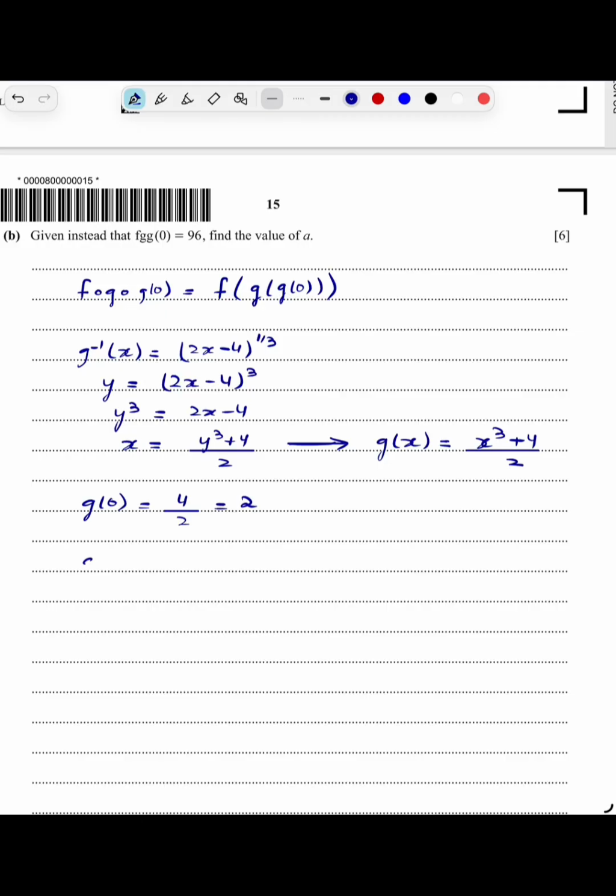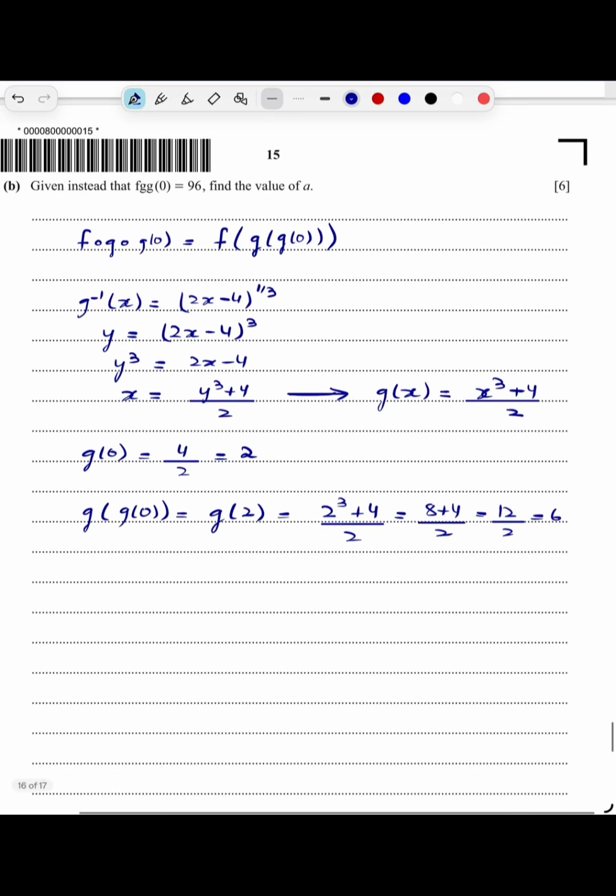And then I need to substitute this value into g. So what I'm looking for is g(2). If I have 2 cubed plus 4 over 2, that's 8 plus 4 over 2. So 8, 9, 10, 11, 12. 12 over 2 is actually 6.